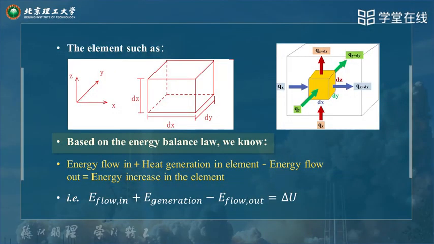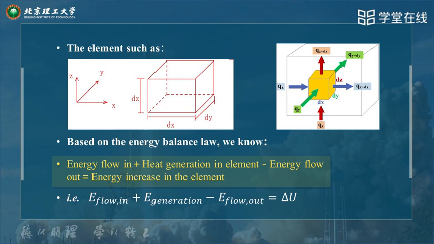Based on the energy balance, we certainly understand the energy flow in the element plus heat generation in the element minus energy flow out from the element finally equals energy increase in the element.